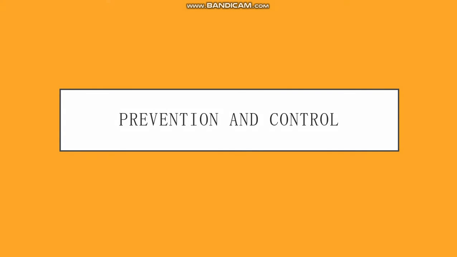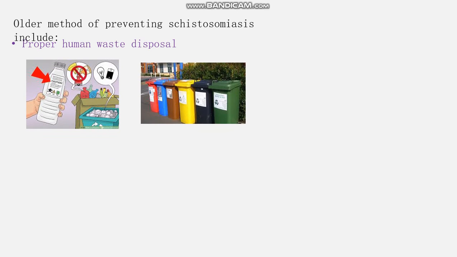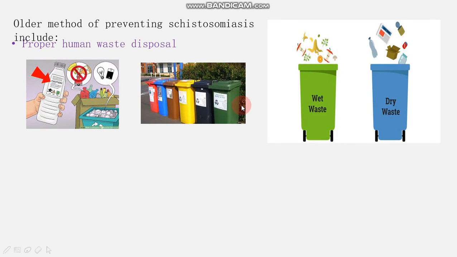So prevention and control. There are older methods of preventing schistosomiasis that include proper human waste disposal. Here, as you can see, there are different colors of bins, which represent different containers for each disposable material.